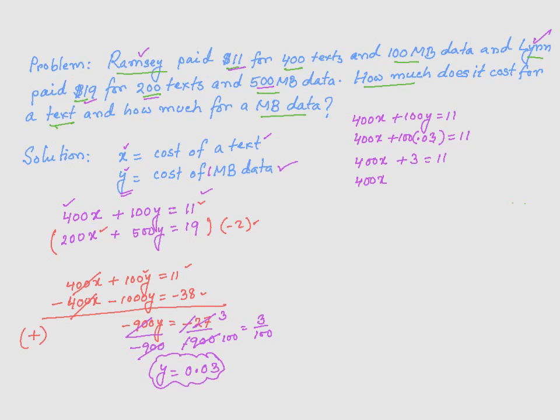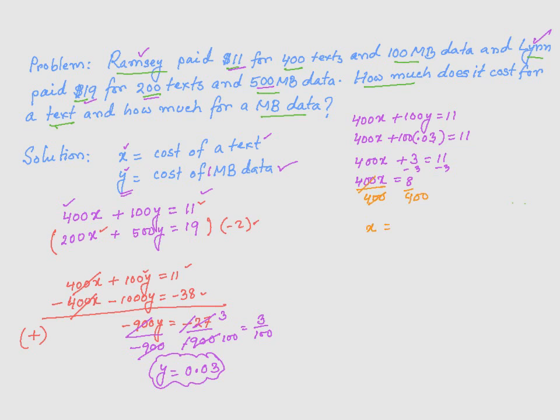If I subtract 3 from both sides, on the right hand side I'm going to get 8. Now I divide both sides by 400. That's going to give me x on the left hand side because 400 and 400 are going to cancel.